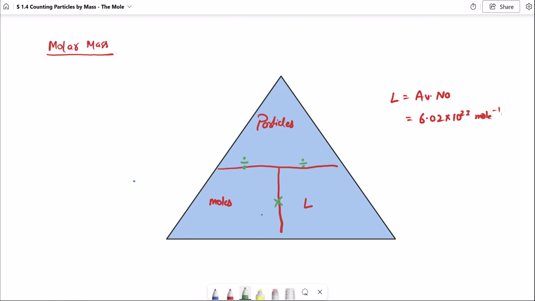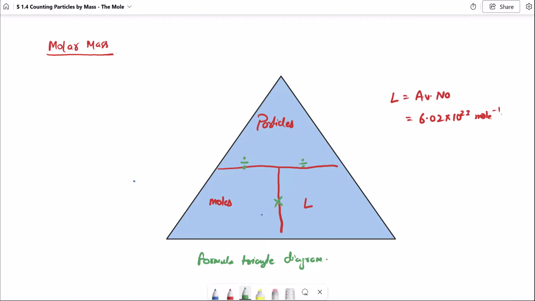It links moles, particles, and Avogadro number or Avogadro constant, and it will help us find whatever we want to calculate, right?